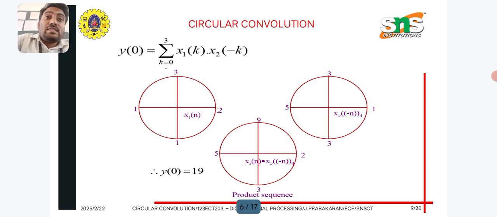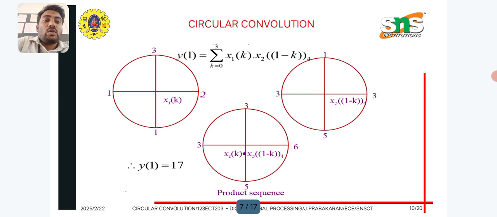These are the steps involved in circular convolution. Repeat these four steps until the inner circle's first sample lines up with the first sample of the outer circle once again.